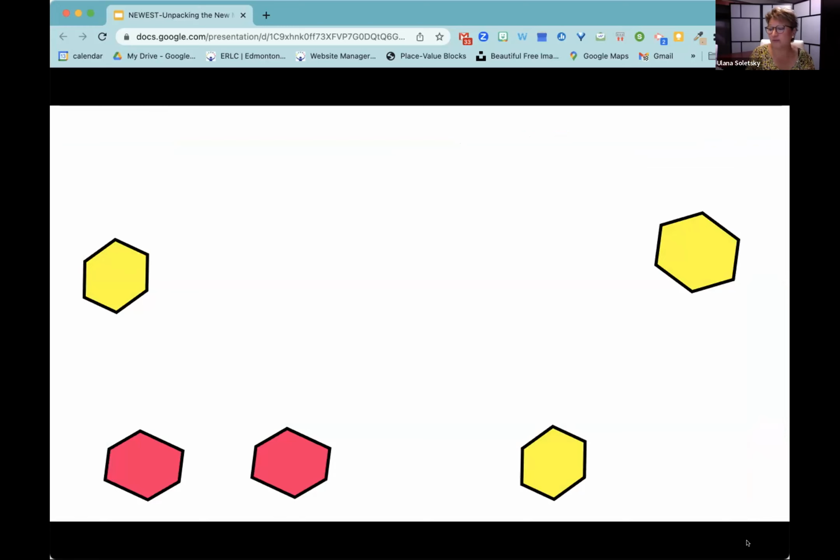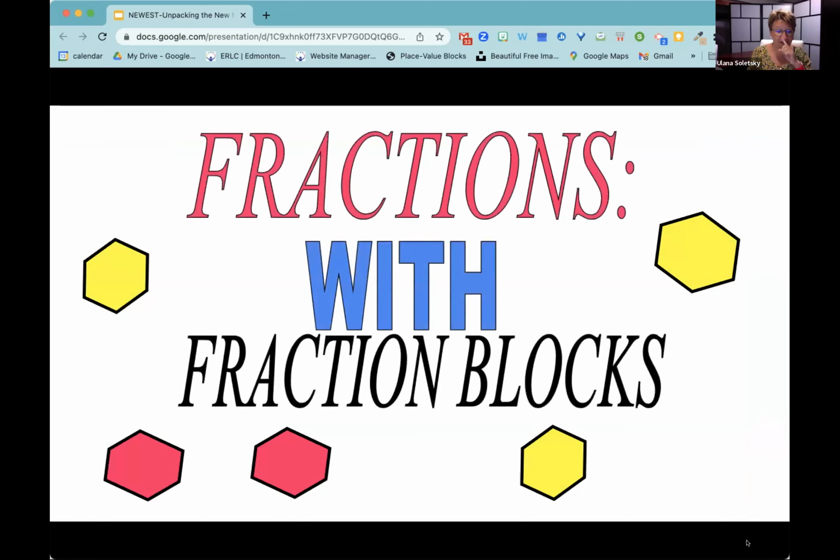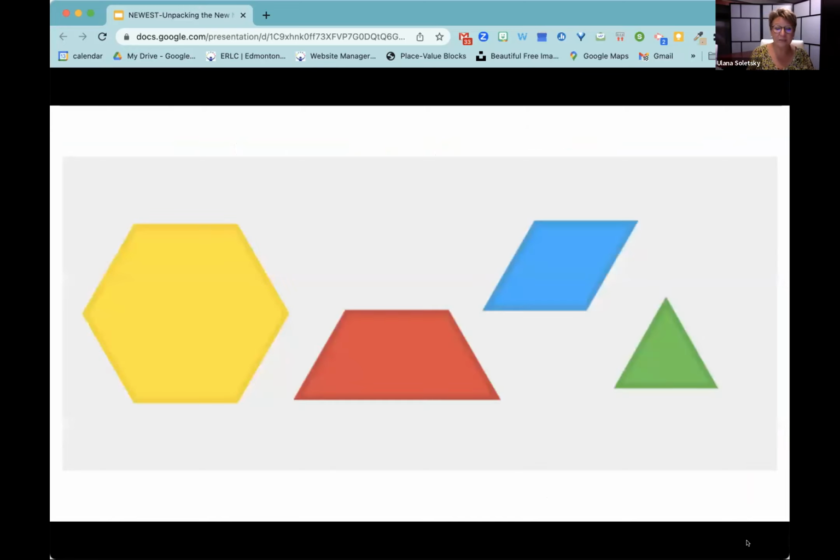So the first one that I want to work with is fraction blocks, pattern blocks, whatever you want to call them. Now, when I first started using these, there were a lot of questions because we seem to want to always use the yellow as the whole. Why is that? Well, because it's the biggest one.